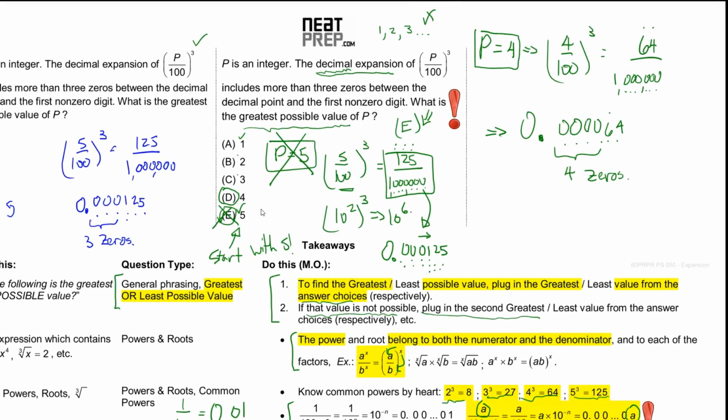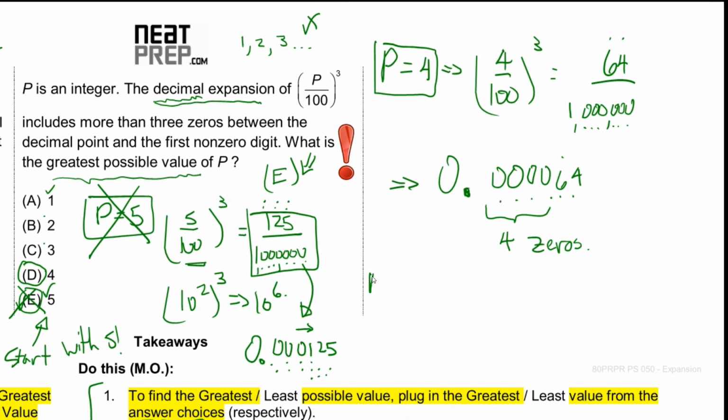Just for the sake of practice, let's indicate the decimal expansions for the other answer choices. Answer choice A, 1 over 100 cubed, yields 1 millionth, which translates to 0.000001, 5 zeros.